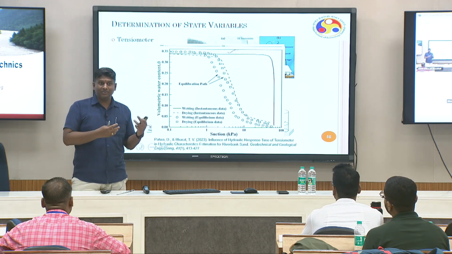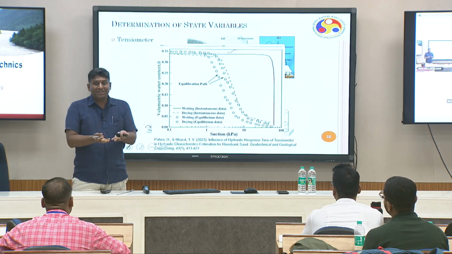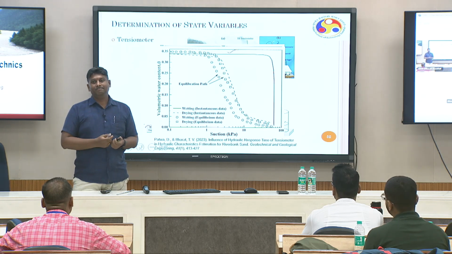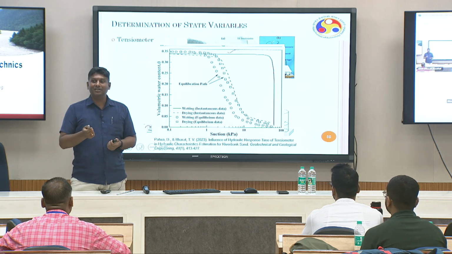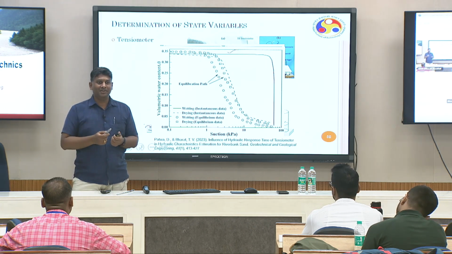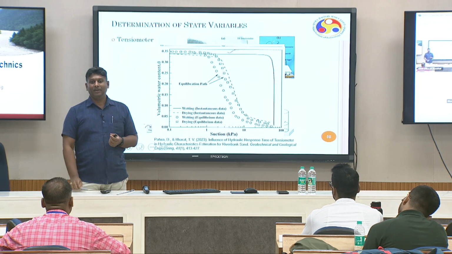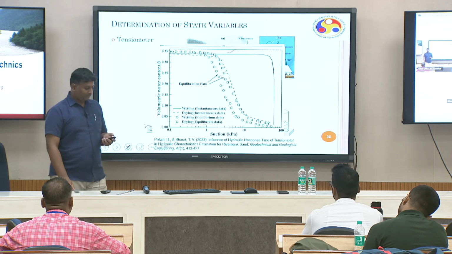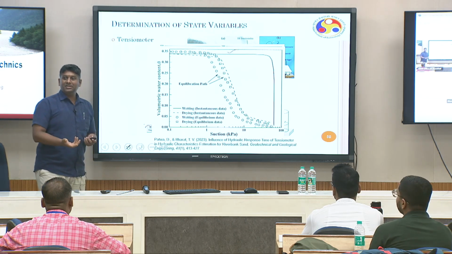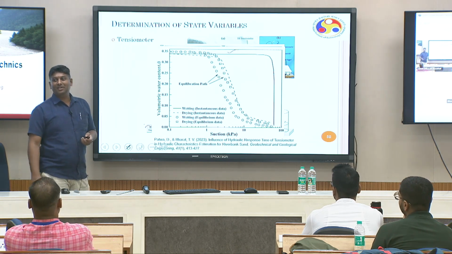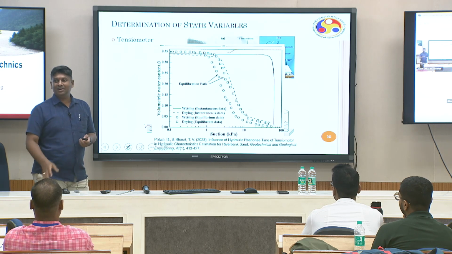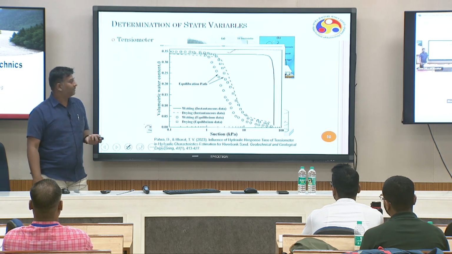Within that, the suction sensors cannot detect the values. So if you are thinking that I'll put one tensiometer in a landslide or slopes, it's not possible. It doesn't give a correct result, because water content will be continuously changing. Night will be different, morning will be different. Even within the daytime, the variability might be there: RH, temperature, water content, rainfall, etc.